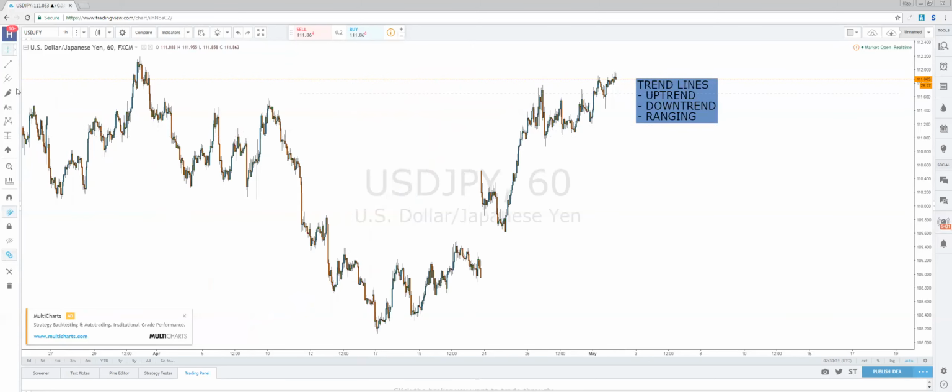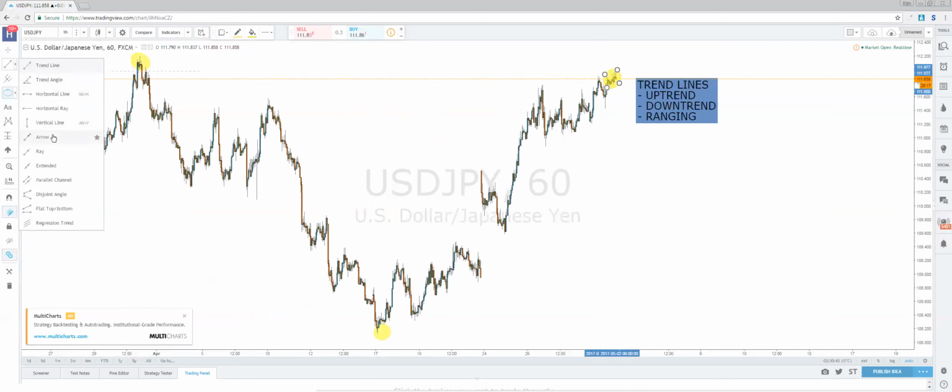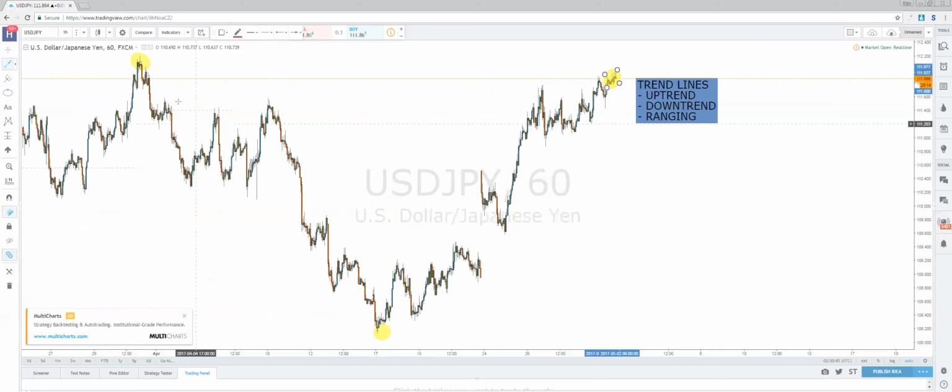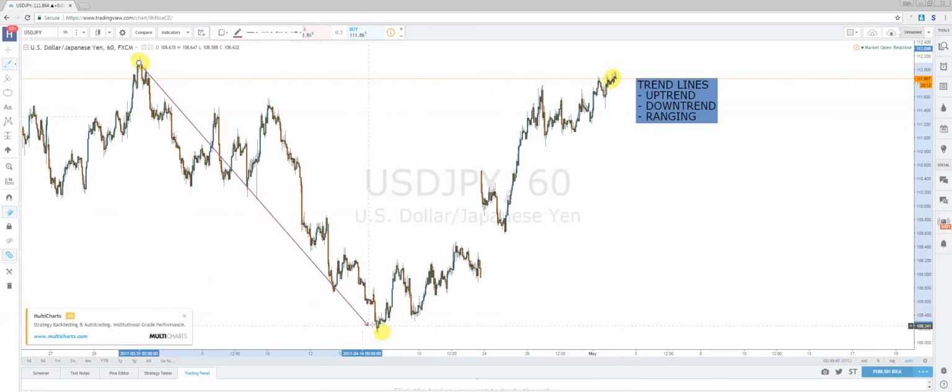What does that mean? We only want to trade because in order to make money, this thing has to move. So we want to catch trends. This is a downtrend, right? You want to catch this downtrend for sells. This is an uptrend, right? Uptrend is going up, downtrend going down.